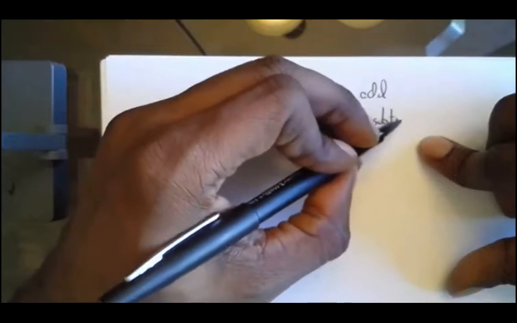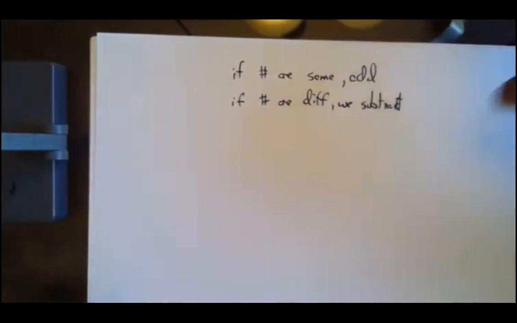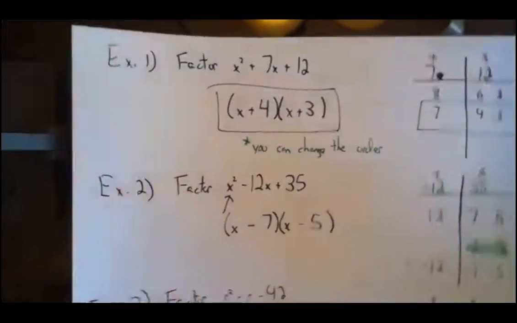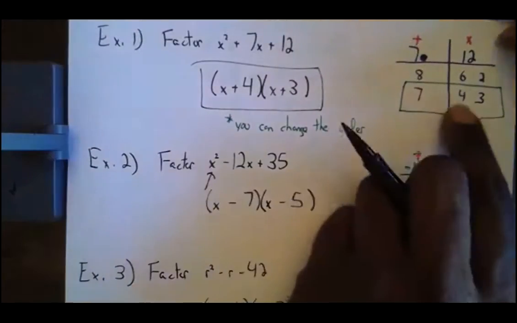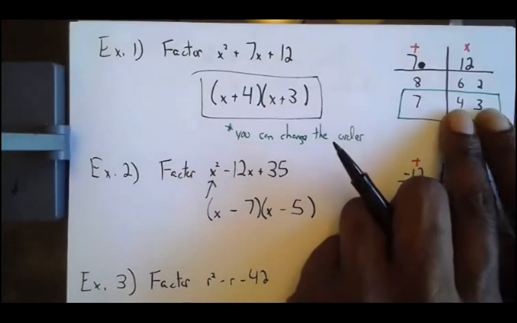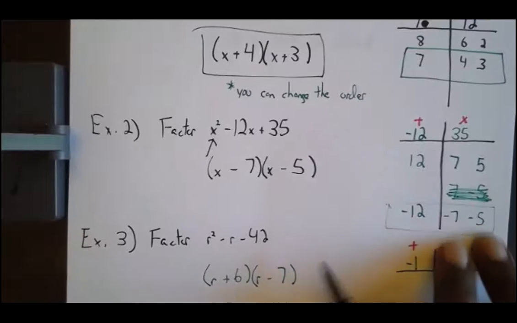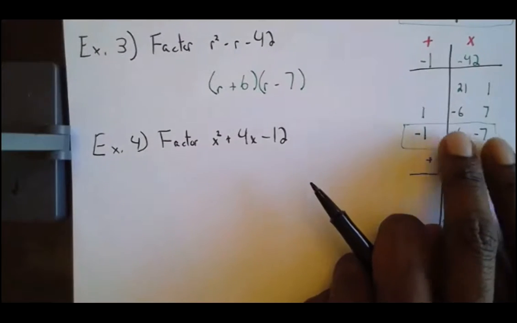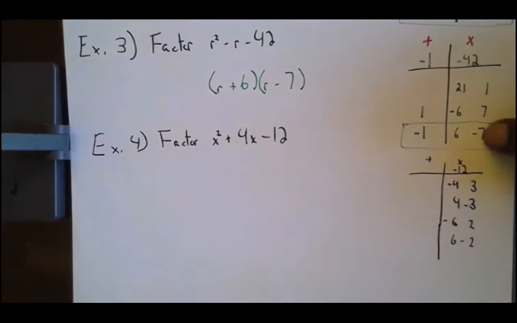One of the reasons why in 1.8 I kept beating the class up with knowing that is because I knew that when we would get to this lesson, we'd be going so much faster. But it's the same principle here: since both of these are positive, we add them. Since both of these are negative, we add them. But here, the signs are different. So this is where we subtract them and take the sign of this one.